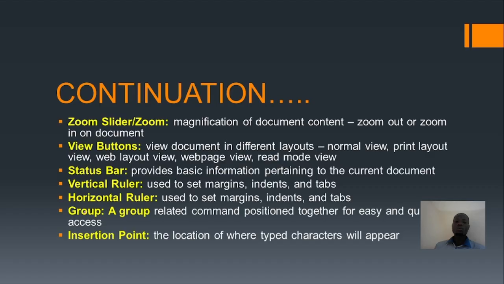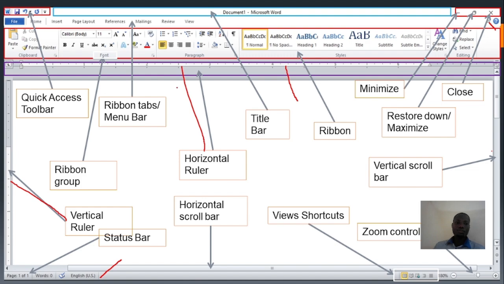And then we have a group. A group contains related commands positioned together for easy and quick access. So where is the group? This is the group. For example, you can see here we have a font group, a paragraph group.